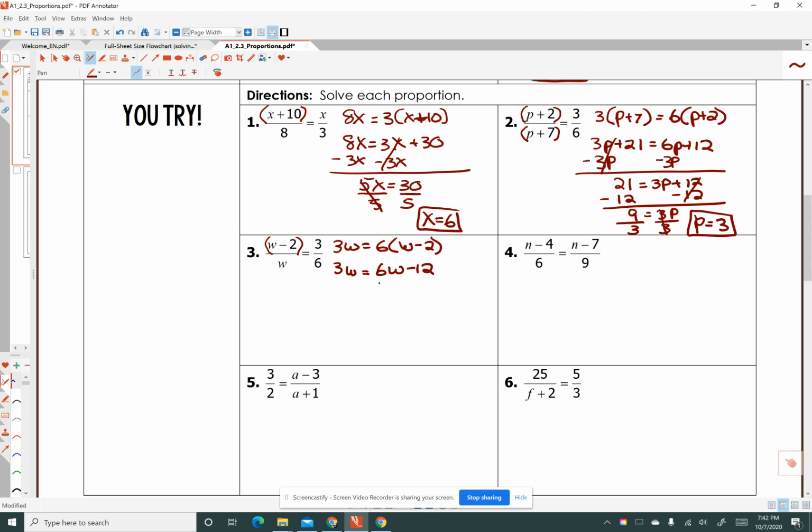I'm going to move the 6w to the left, which would give me negative 3w equals negative 12. Then I'll divide both sides by negative 3 because whatever we do to one side, we do to the other. And w equals positive 4 because a negative divided by a negative is a positive.